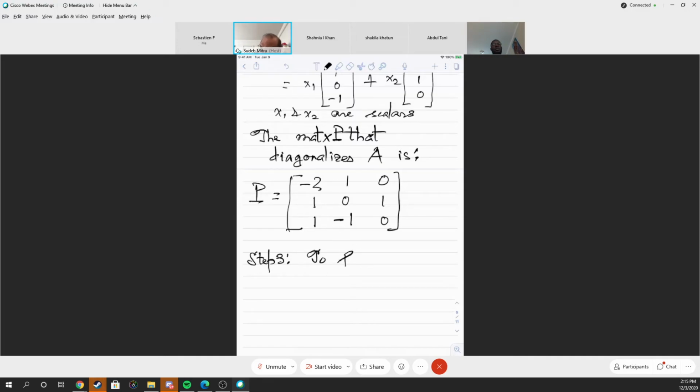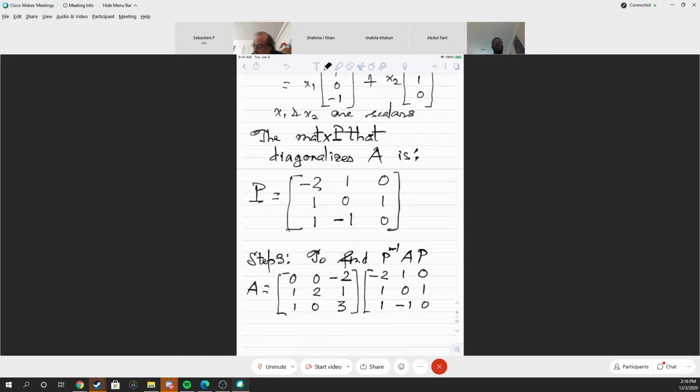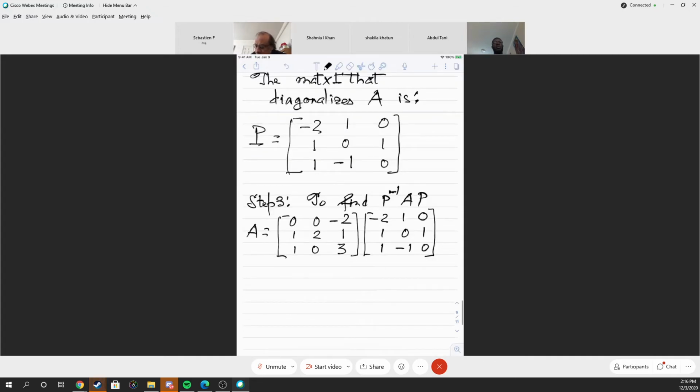To find P inverse AP, let us quickly find AP. A is... so this times that, 0 times minus 2 is 0.